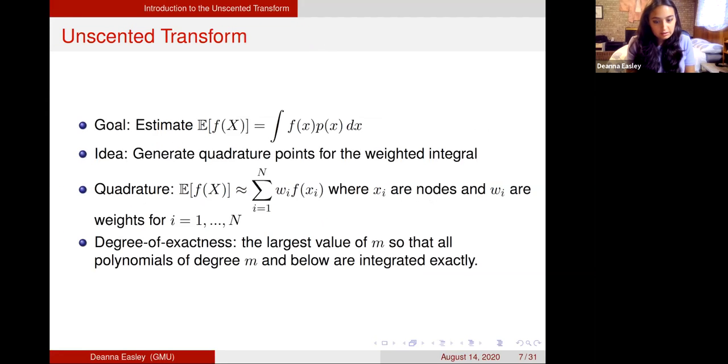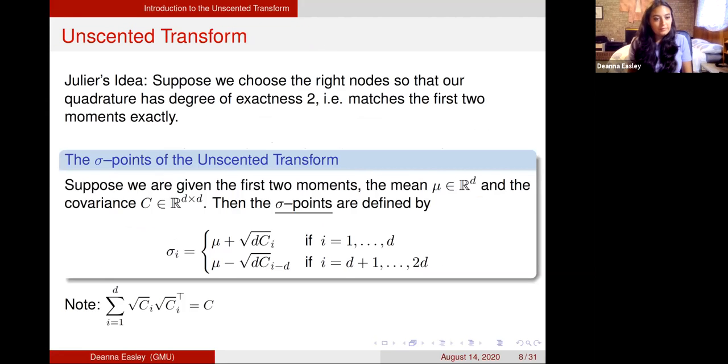Our goal is to generalize the Unscented transform, which is a quadrature that was designed to match the first two moments, so that we can also match higher order moments, namely the skewness and kurtosis.